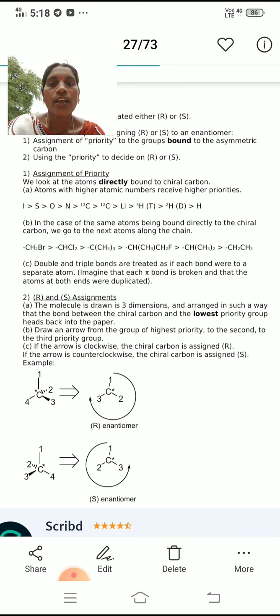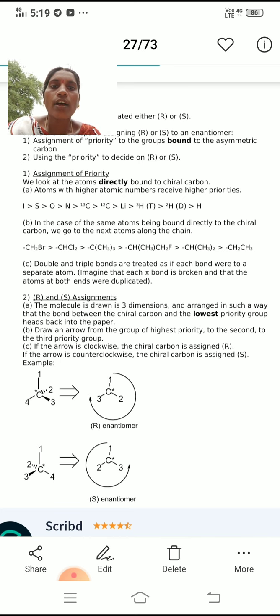Then next, if the same atoms are bonded to the chiral center, we have to consider the atomic weight also. For example, in the hydrogen atom, isotopes are possible, tritium and deuterium.